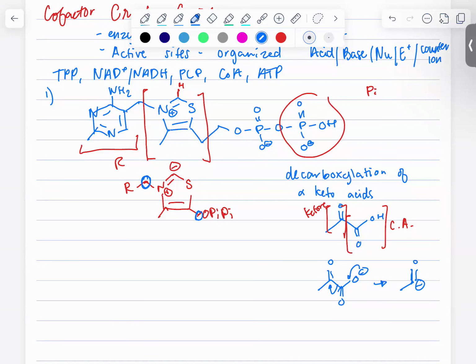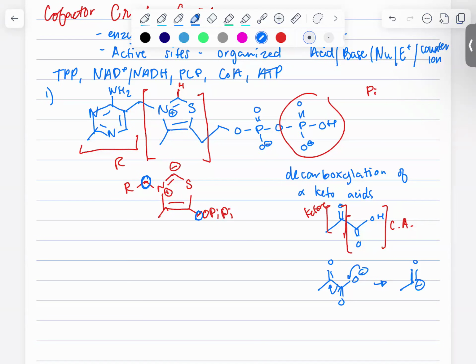So that's the carbanion that we seek to stabilize with our cofactor. What is one way that we know of that we can use to stabilize a charge like that? A fancy word for spreading it out across the molecule. We can draw resonance forms where it's delocalized across the molecule. And if we can delocalize it across the whole thiamine molecule, that'll be even more helpful.